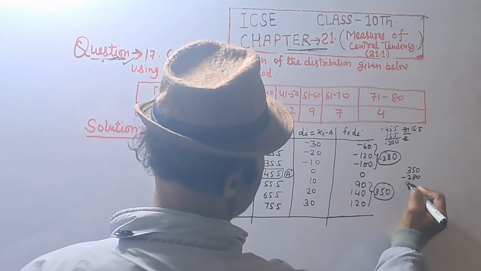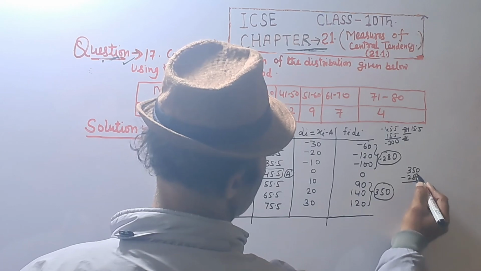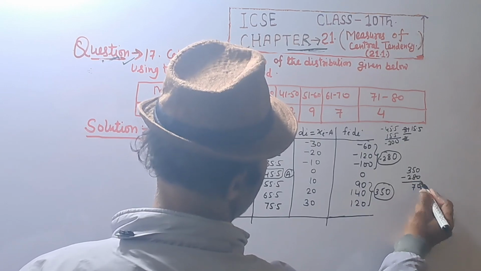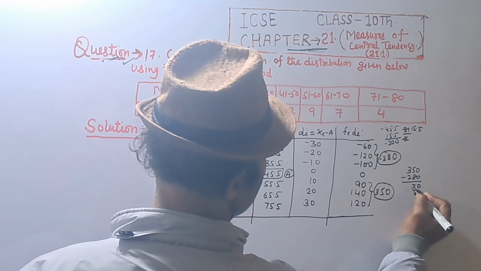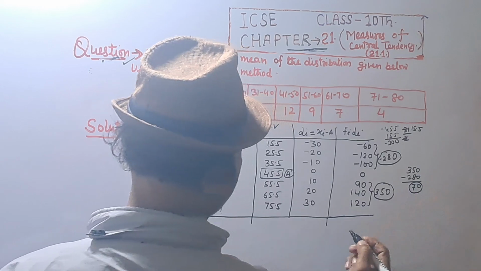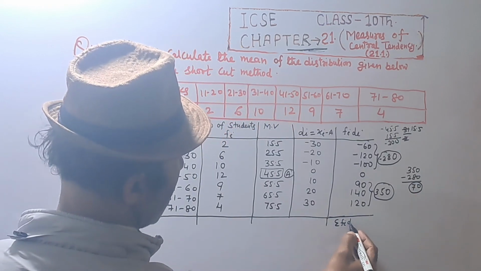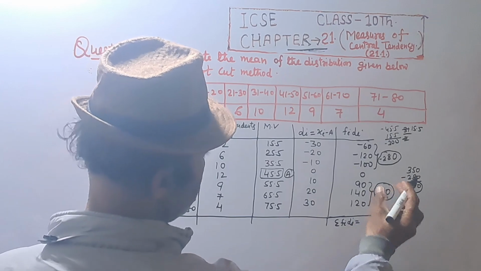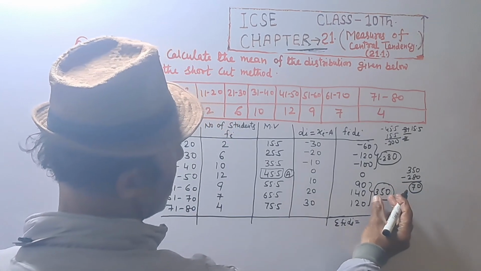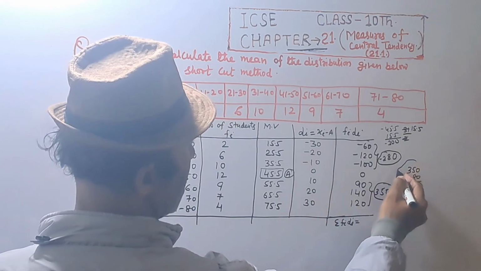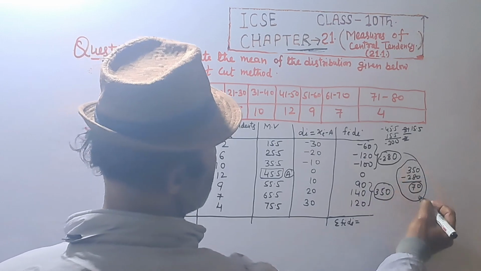350 minus 280, that is equal to positive 70.